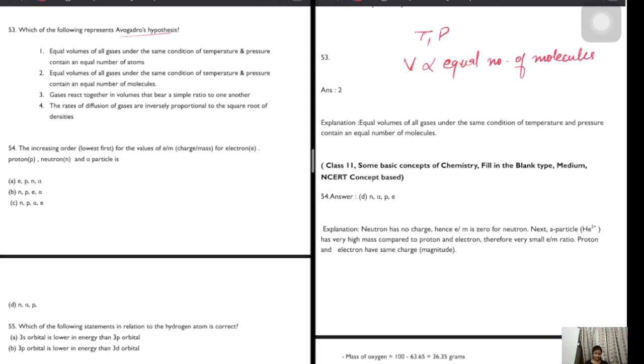So let's see which of these statements states that. Out of these, statement 2 says what we need. That is, equal volumes of gases under the same conditions of temperature and pressure contain an equal number of molecules.